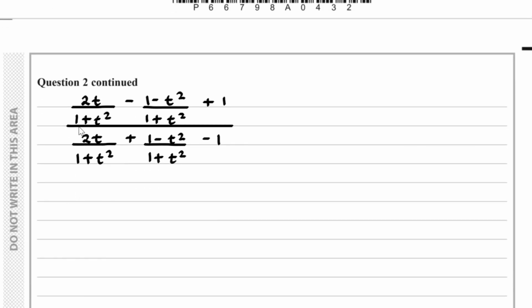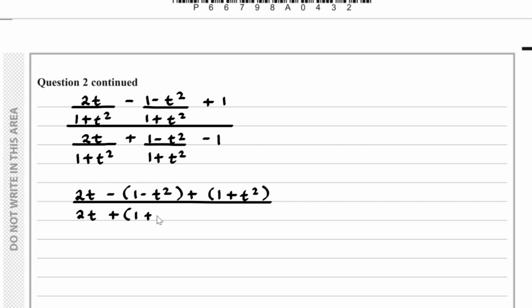And if I multiply through by 1 plus t squared, we end up with 2t minus 1 minus t squared plus 1 lots of 1 plus t squared divided by 2t plus 1 plus t squared minus 1 plus t squared.